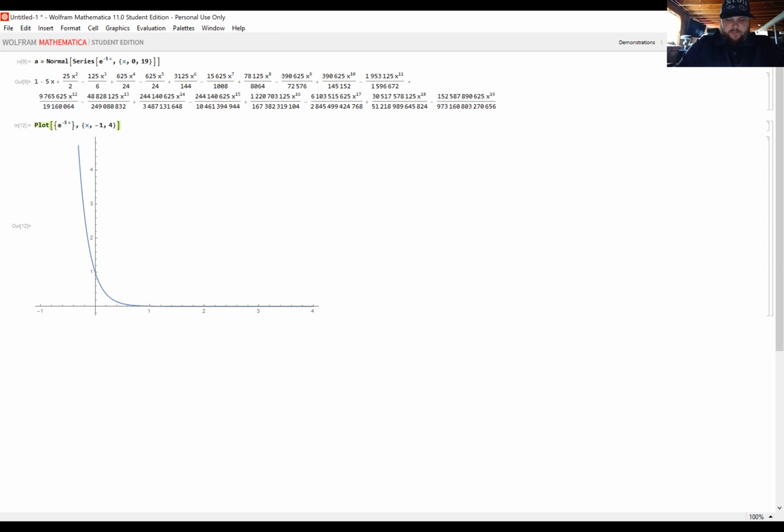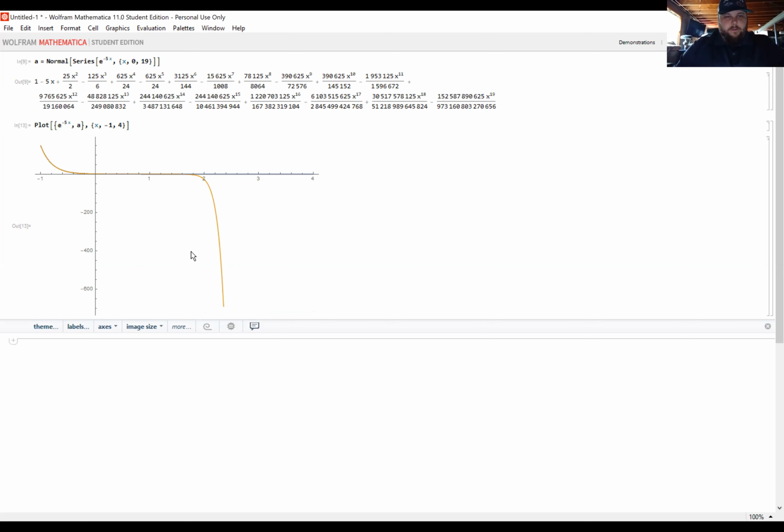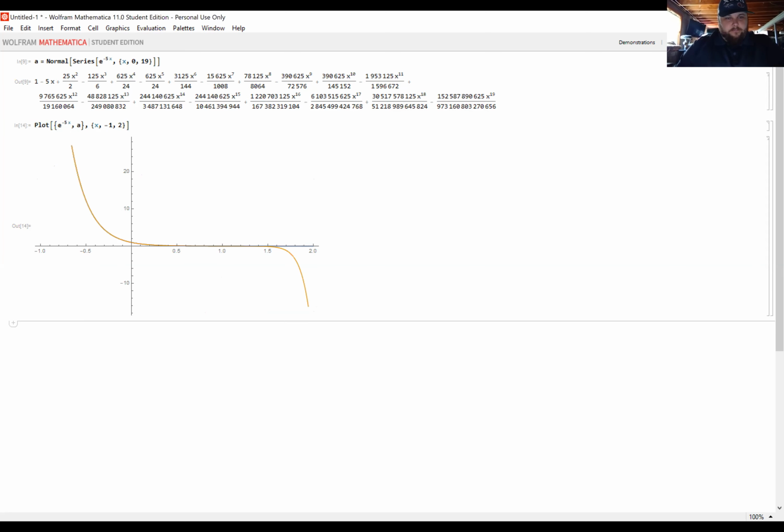Now, if I reintroduce the function that we calculated, it looks great on this end. It overlaps the other function. And it's pretty good, maybe up till about 1. And then if we were to zoom in here, these start separating. You can see definitely after 1.5, they've already separated.